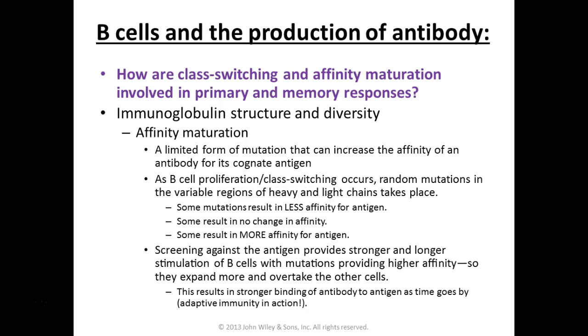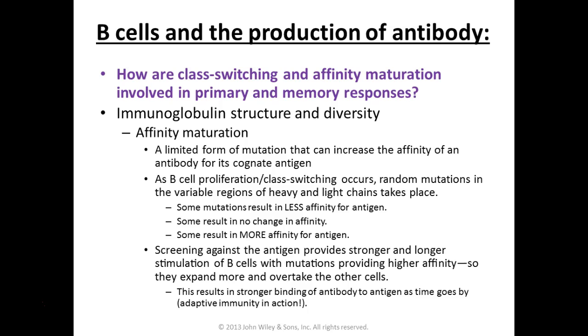And this is going to take time, right? Where if we've already seen it and we're activating memory cells, some of those memory cells have already class switched, right? We can skip over M, go right straight to G or A or E. That decision's already been made previously in the first exposure.